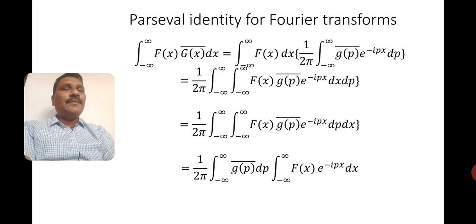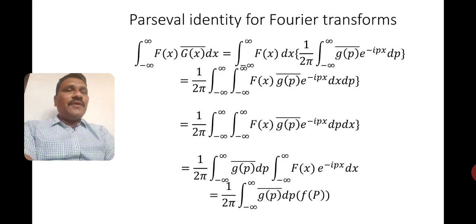So it looks like 1 by 2 pi integral minus infinity to plus infinity g bar of p dp, I will take out in one integration. In another integration I will take minus infinity to plus infinity capital F of x e to the power minus ipx dx.